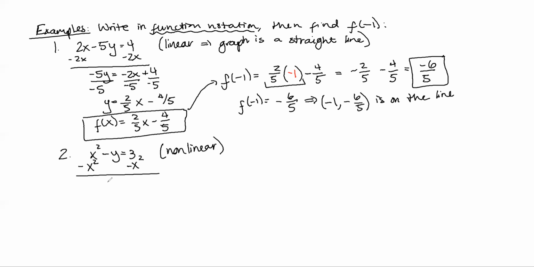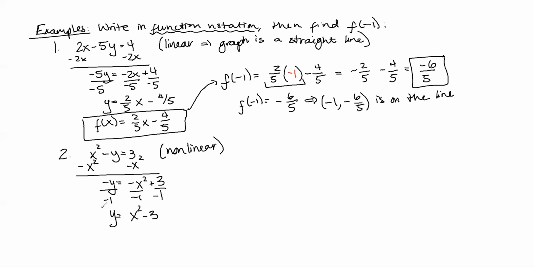And we have negative y equals, now kind of like with lines, I'm going to put the x in the front. So negative x squared plus 3 because it's positive. And now dividing everything by a negative 1, we get y equals, well, negative over a negative is a positive, so positive x squared. 3 divided by negative 1 is negative 3.